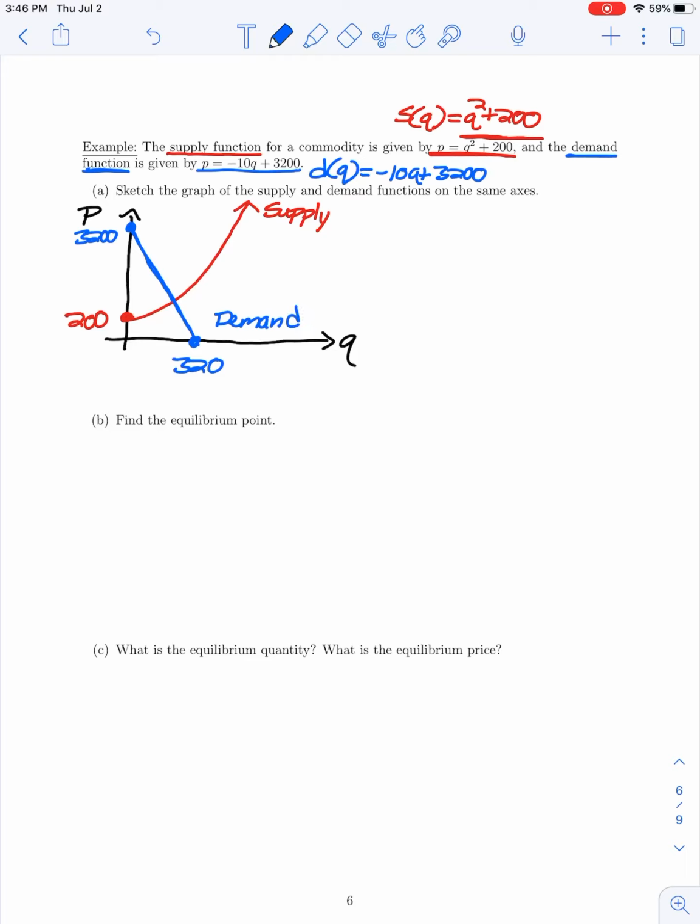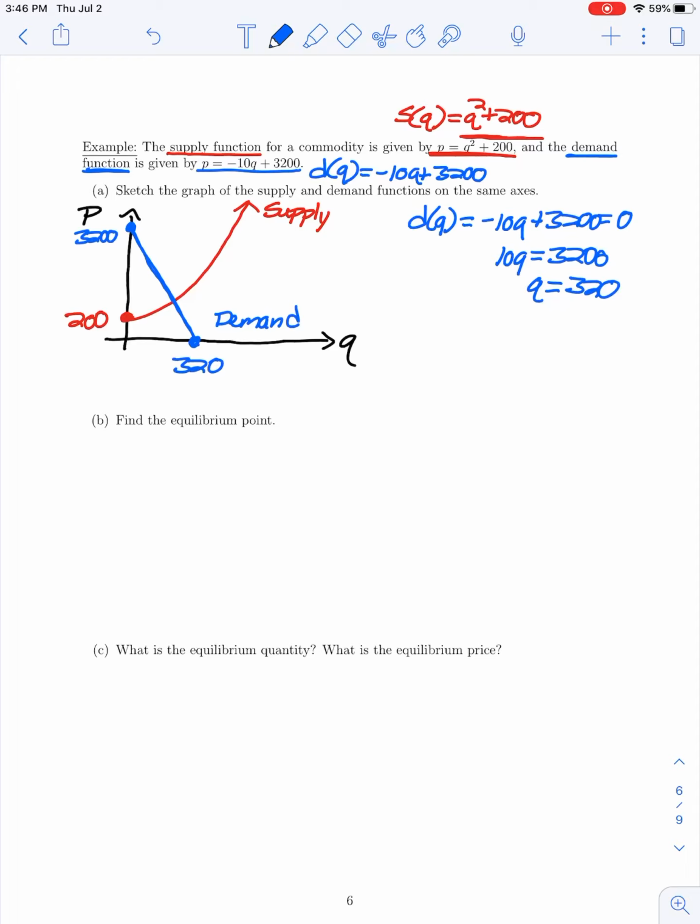Now, how did we find that value? Well, we could set the demand function, which was negative 10q plus 3,200, equal to 0. We find that 10q has to equal 3,200. So q is then 320.